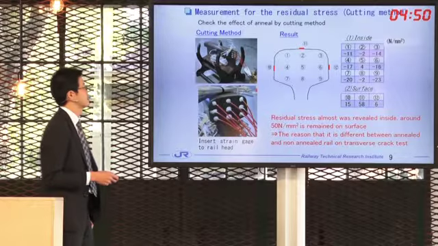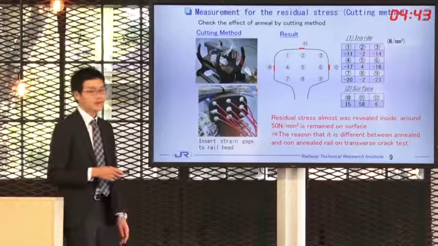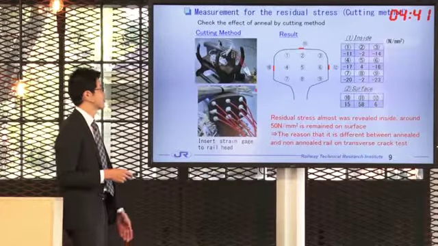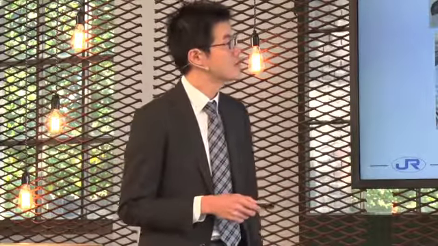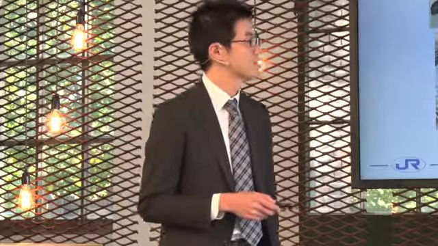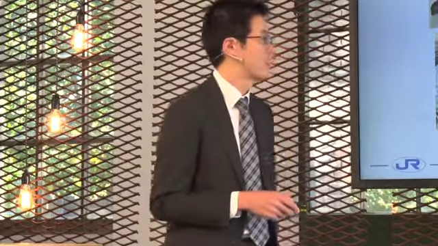The next slide is the traditional method to measure the residual stress. We insert strain gauges into the railhead, and after that cut it into short pieces. The result shows the residual stress was almost released.